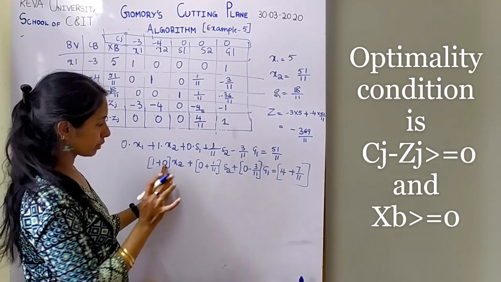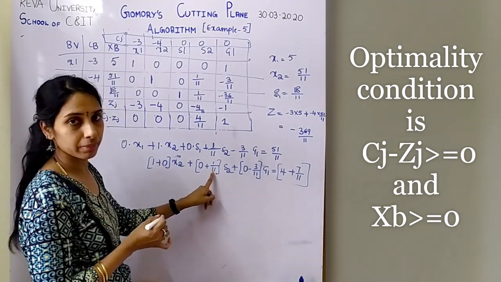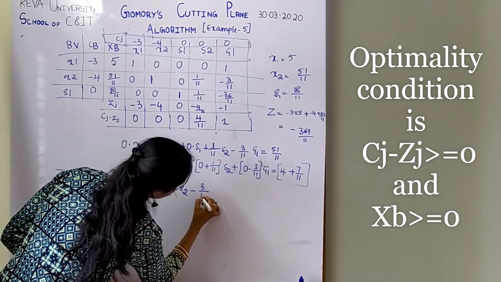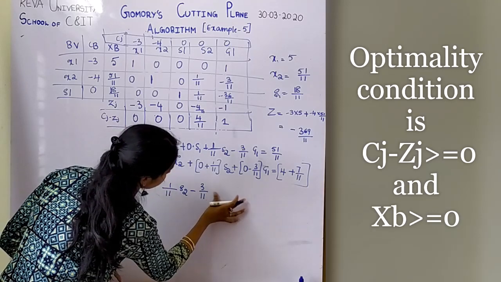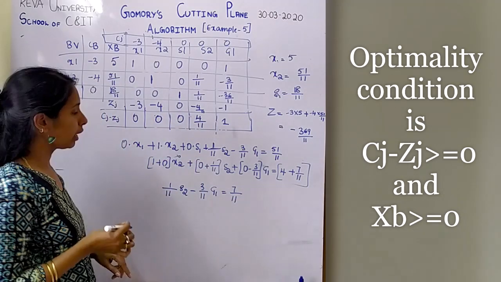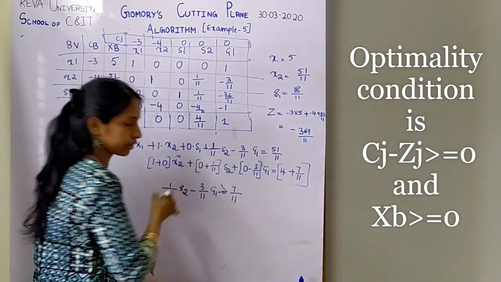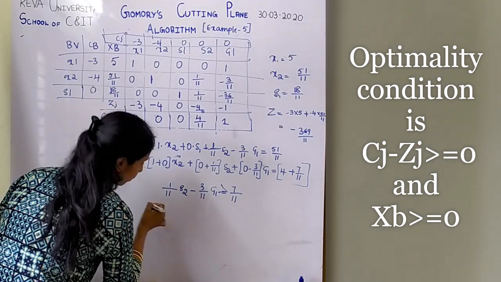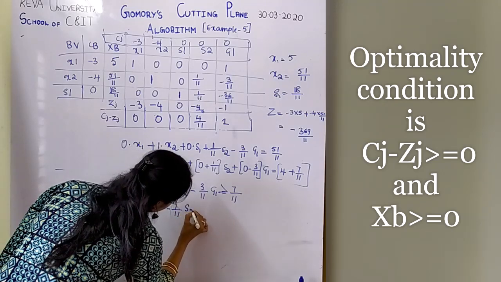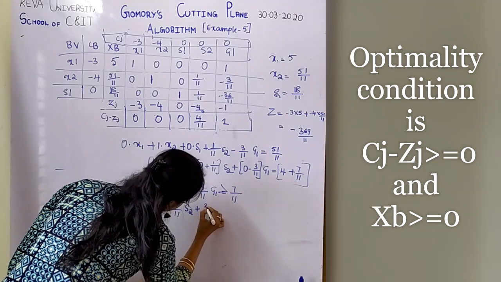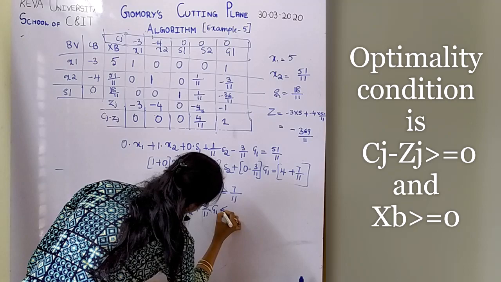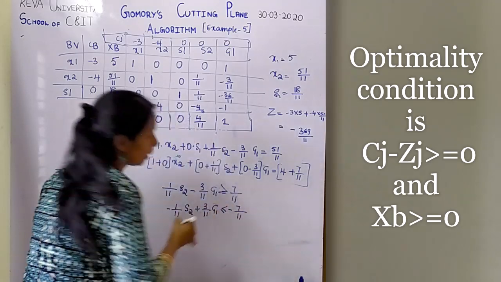Now consider only the fractional part. Fractional part is 0 here, so this is out. Fractional part is 1 by 11, so 1 by 11 into s2 minus 3 by 11 into g1 equal to 7 by 11. Usually the condition will be greater than or equal to, so we convert it into less than or equal to: minus 1 by 11 into s2 plus 3 by 11 into g1 is less than or equal to minus 7 by 11.